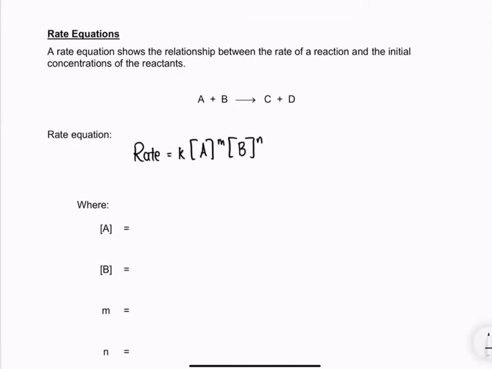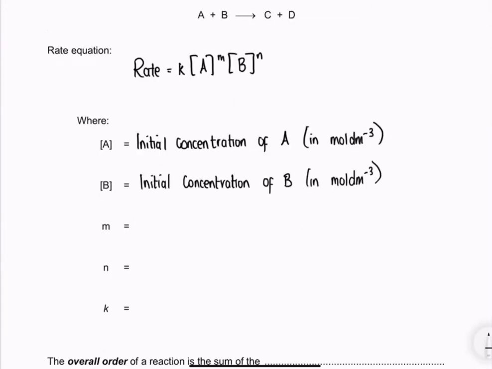So let's have a look at each term one at a time. A in square brackets represents the initial concentration of A, and remember that concentration is measured in moles per decimetre cubed. Similarly, B is going to be the initial concentration of B in moles per decimetre cubed. And then we can look at m, and we see that m is a power, an indices, or an order. Well, you're going to use the term order in A-level chemistry.